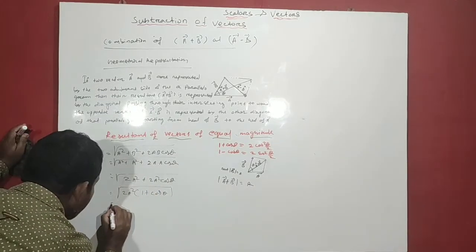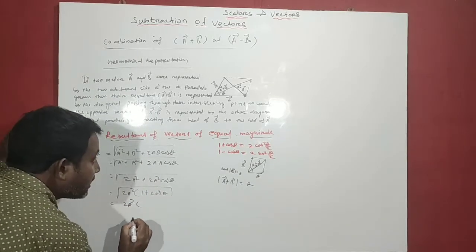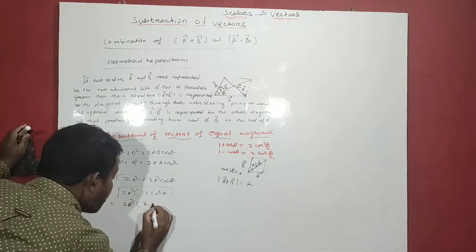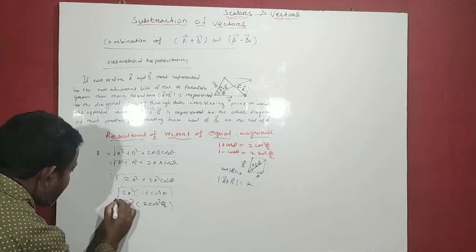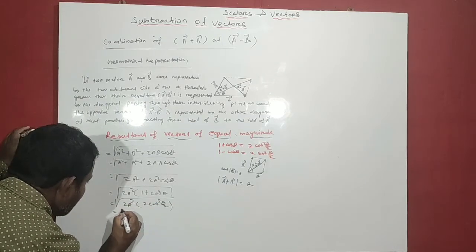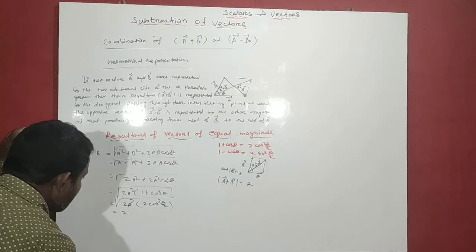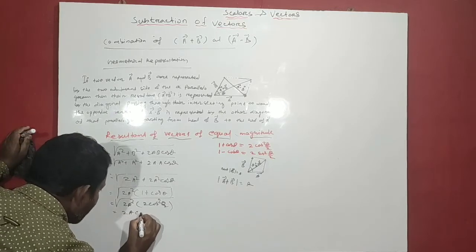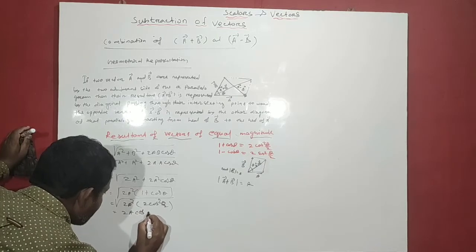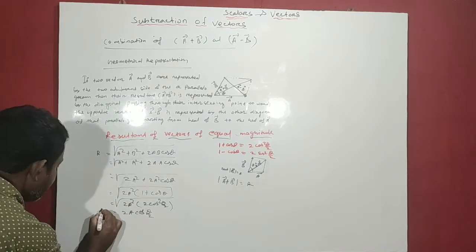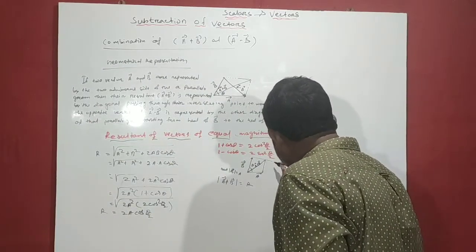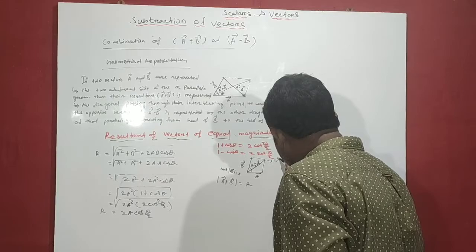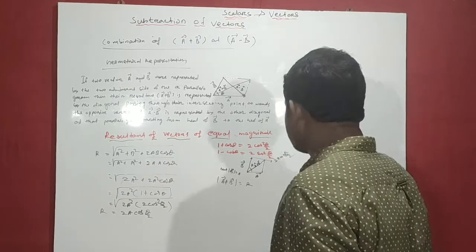Putting the formula, we get under root of 2A square into 2 cos square theta by 2, that is 2A cos theta by 2. This is the resultant. That means this resultant will be 2A cos theta by 2.